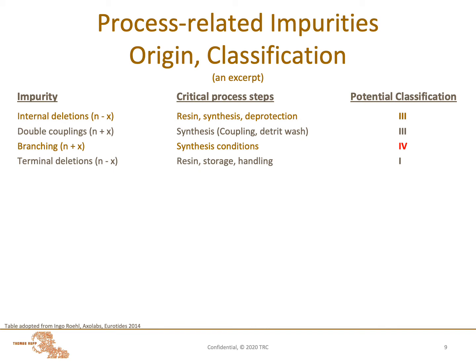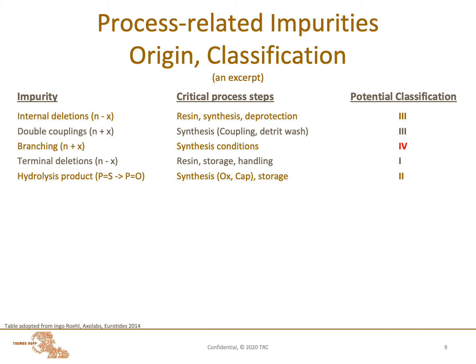Even though they have the same sequence, the branches, it's a structural branched molecule, which looks completely different than the parent molecule. Terminal deletions, N-X, due to the resin missing the nucleoside, degradation during storage or degradation during handling. These are classified as class 1.